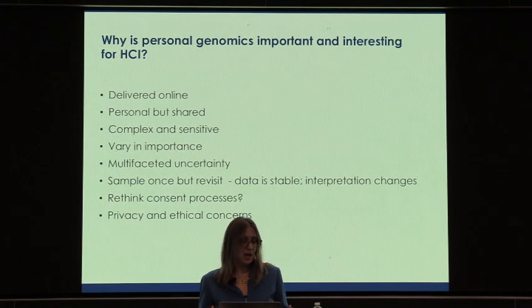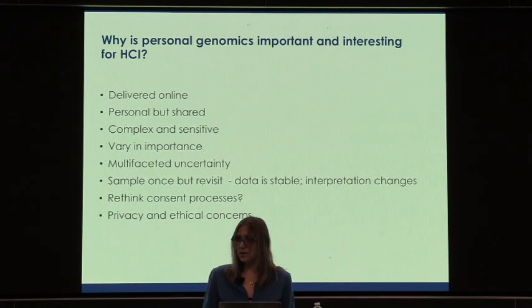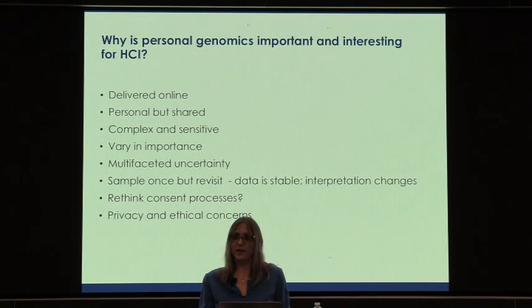The information itself, the data set, is pretty stable. DNA sequencing is relatively accurate. It's actually quite accurate, so it's enough to theoretically sample once throughout your life. But the interpretation or scientific understanding of the data is changing over time. So there is a need for long-term engagement with this data.